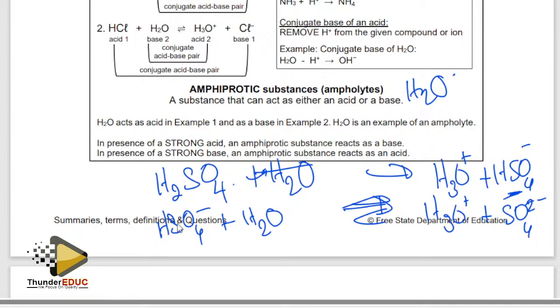Here it is a base, because it is going to receive from this and then go back to this. But when it comes here, it becomes the acid, because it gives this to this and forms the hydronium ion and the sulfate ion. So in this case, it can act as an acid and it can act as a base.